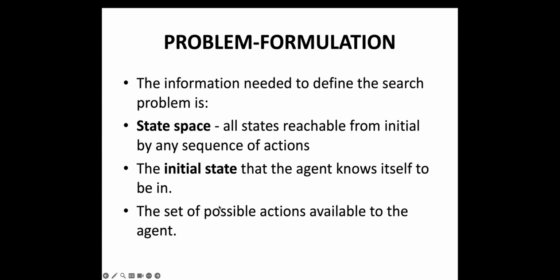Then the set of possible actions. So in a navigation problem, it is the directions we can move. So we can say move north, move south, move east, move west. So those would be the possible actions that the agent will have.